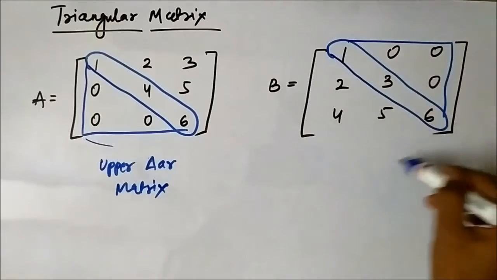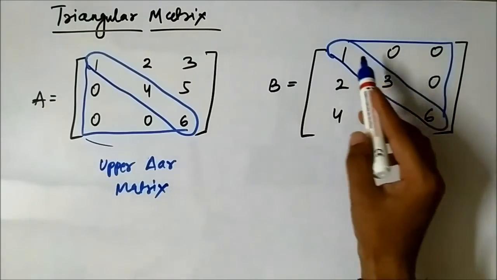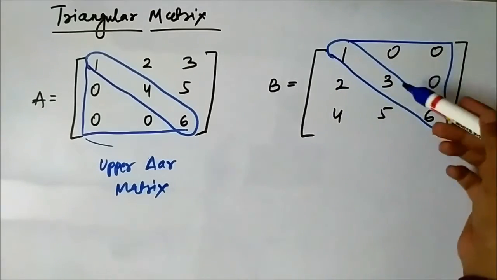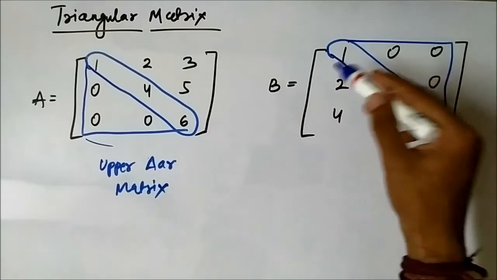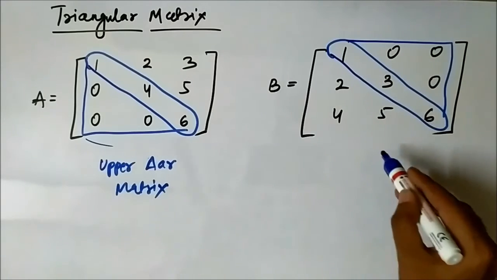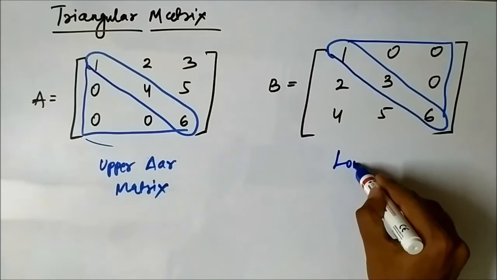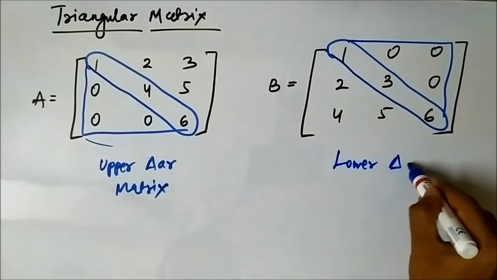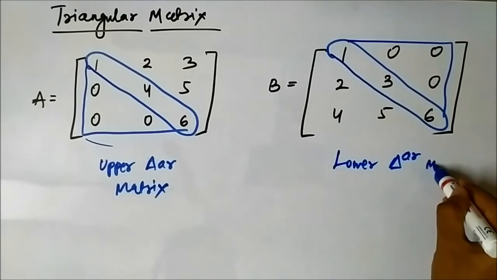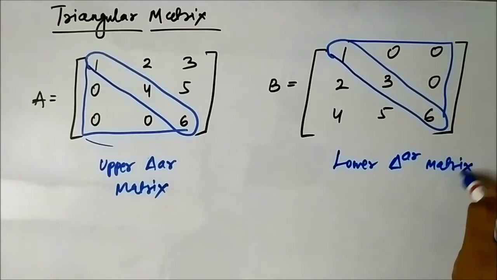And these types of triangular matrices in which all the elements above the principal diagonal are 0 and those below are non-zero are called lower triangular matrices.